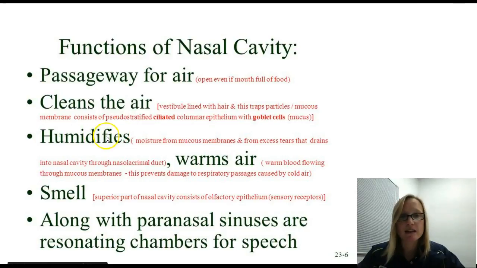It humidifies the air. That's so that the air is nice and moist when it gets to things that are delicate, like the alveoli, such a delicate tissue. Dry air would really be harmful to that part of the respiratory system. It warms the air, because the nasal cavity is quite moist and obviously warm.